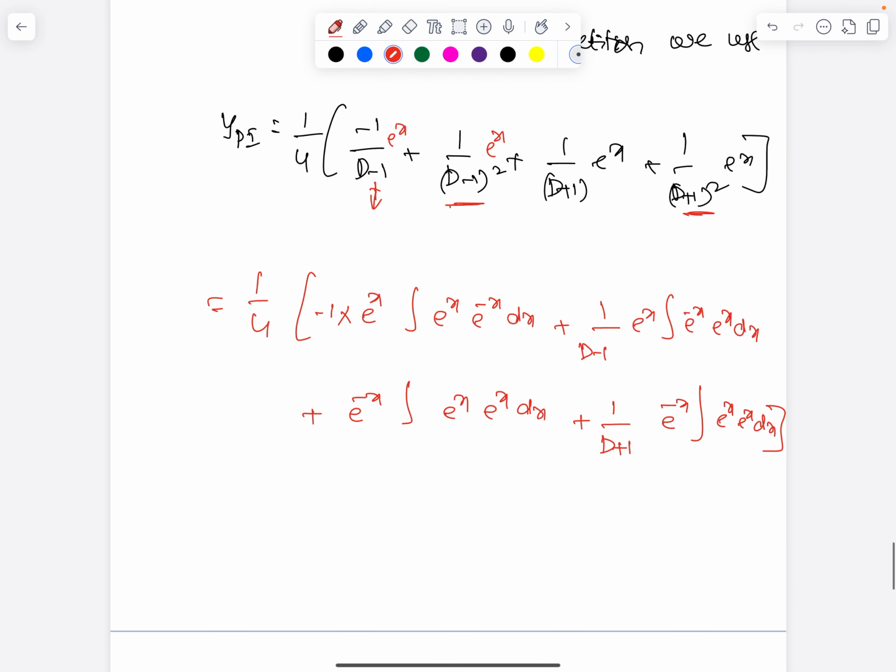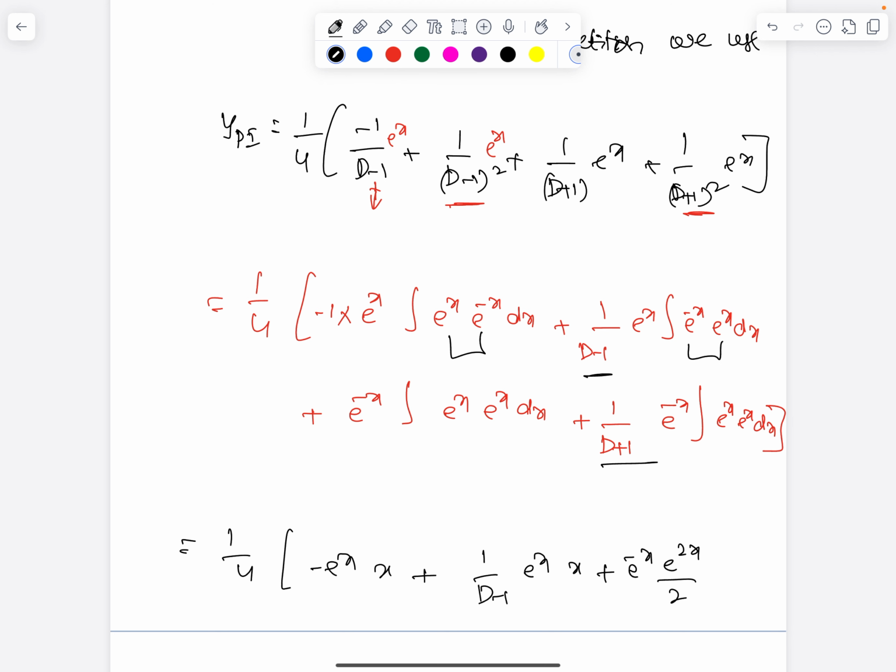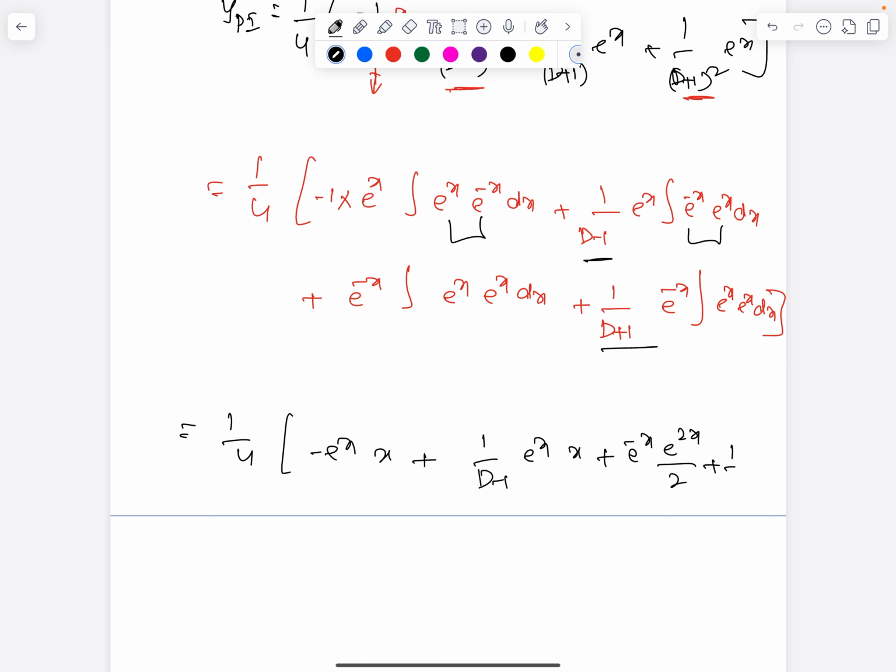So, you have to simplify this one more time, this one and then this one, and that is 1 by 4 times minus e power x, and these two are adjusting, therefore it is 1 only, integration of 1 is dx, plus 1 by d minus 1 into e power x, again these two are adjusting, that is again 1, this x, and plus e power minus x into e power 2x is coming, therefore e power 2x by 2, and the other term is similarly 1 by d plus 1 into e power minus x, e power 2x by 2, and again you have to simplify these two terms one more time.